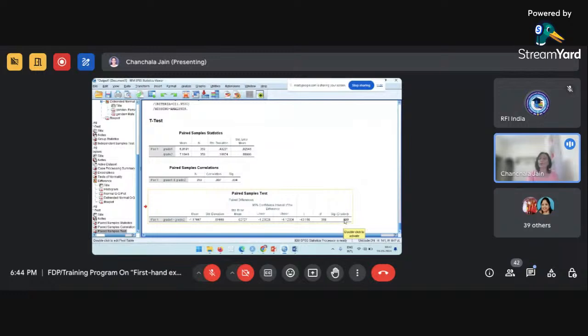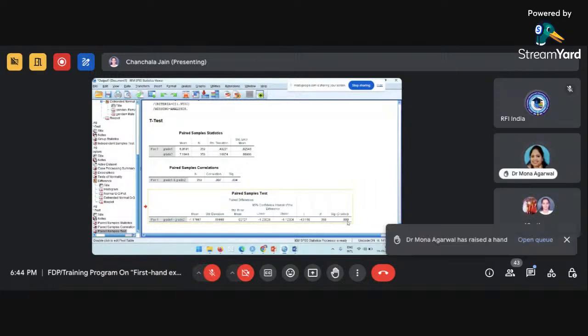So this value is less than 0.05. So will any one of you tell me what the conclusion will be here? Ma'am, teaching is effective. Teaching is effective. Very correct. So we can say there is a significant difference in the mean grades before teaching and after teaching.